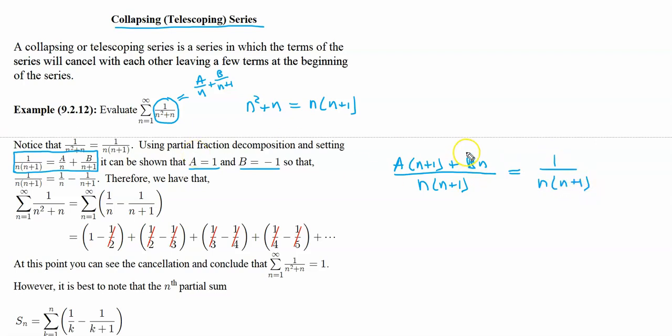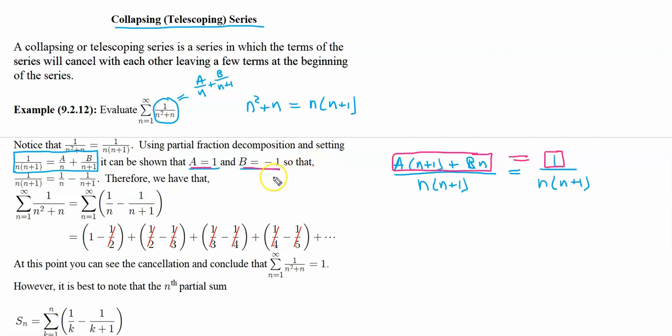Setting the numerators equal to each other, setting this equal to 1, and then picking values for n, like for example -1. If we put -1 in for n, this term goes away. We get negative b equals 1, so b is -1. And if we put 0 in for n, we get a times 1 equals 1, and so that's how we get these results.